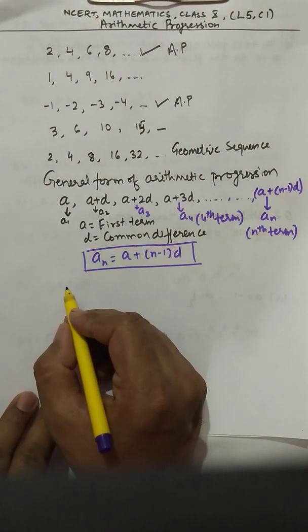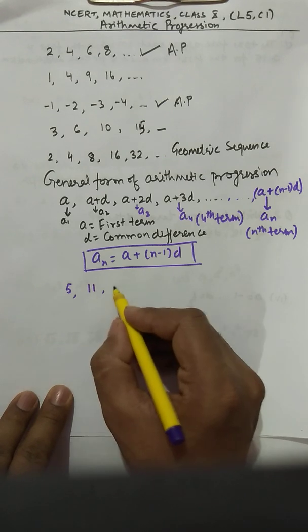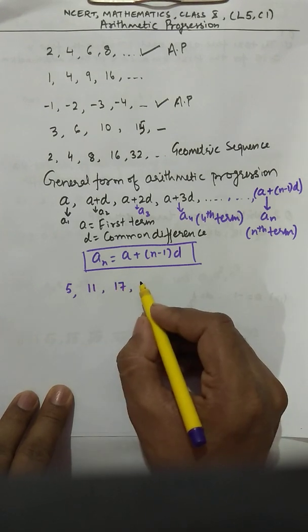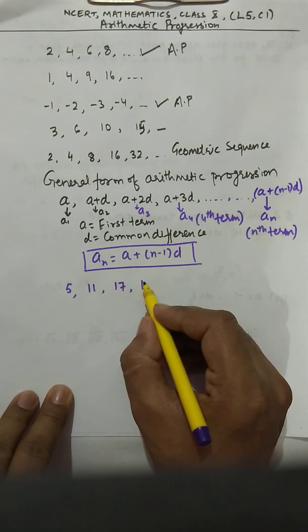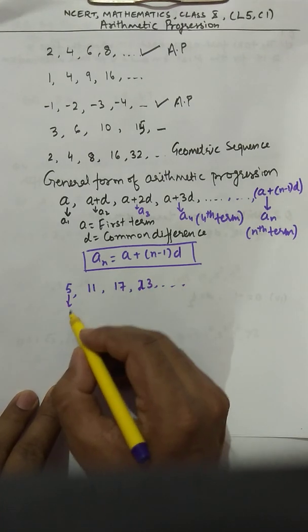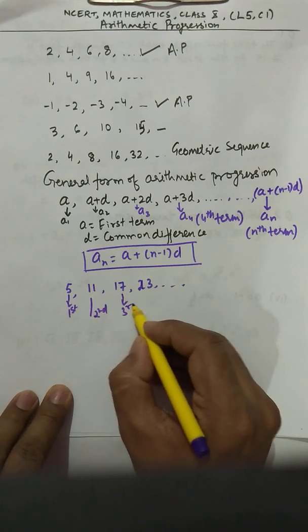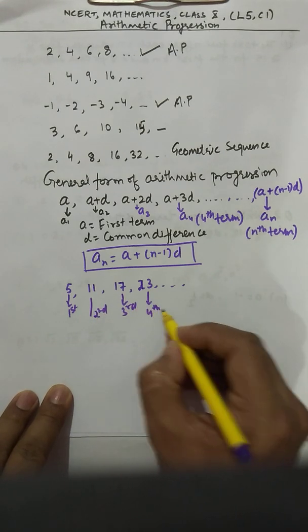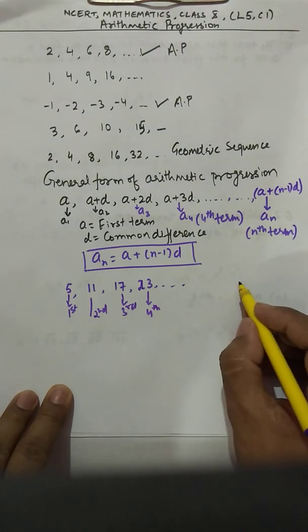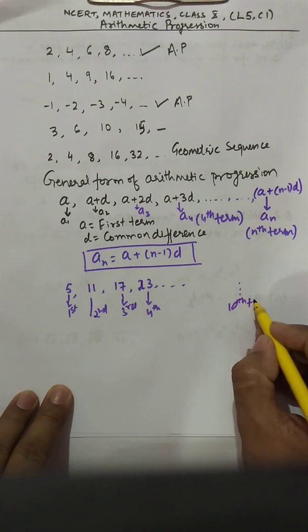Let's say this is 5, then 11, then 17, and then it is 23, and so on. So you see, this is your first term, this is your second term, this is your third term, this is your fourth term. So if I ask you, tell me the 10th term.